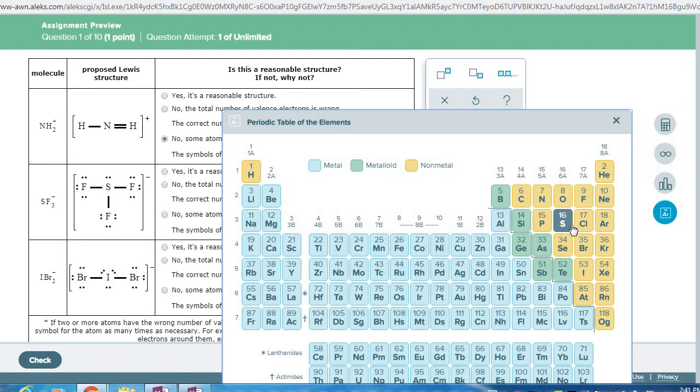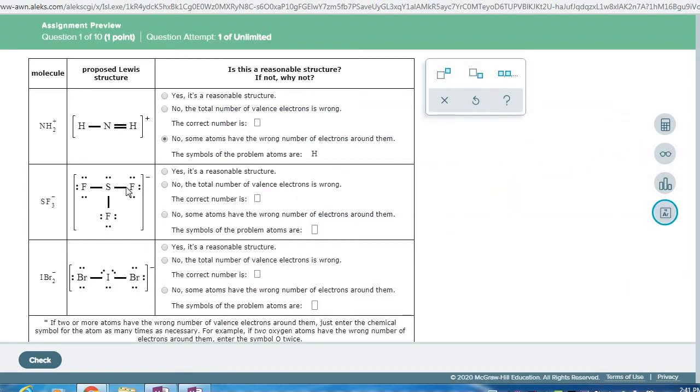That's exactly what's going to happen in this case. The fluorines cannot violate the octet rule. I can't expand those octets at all. So is this a reasonable structure? It is not. The total number of valence electrons is wrong, and we already calculated that 28 is the right number.